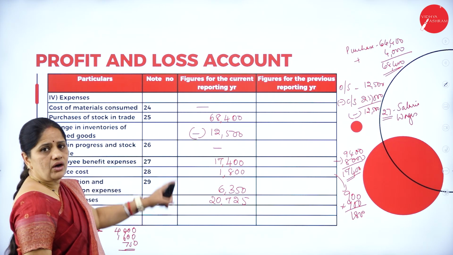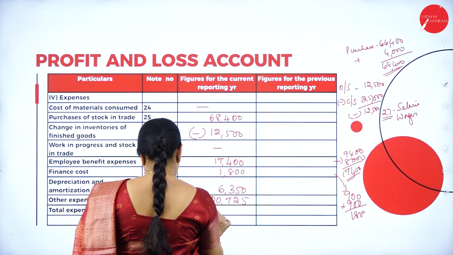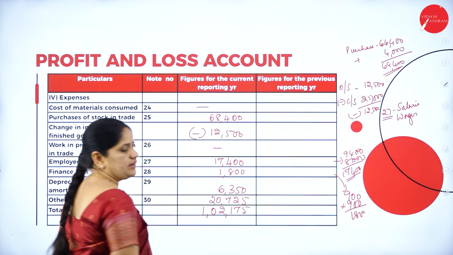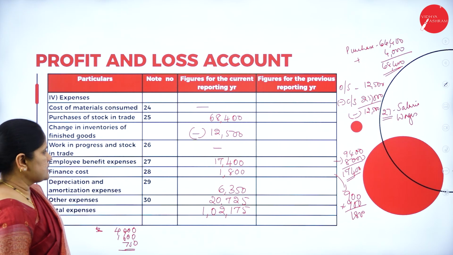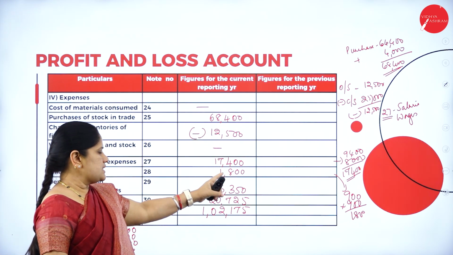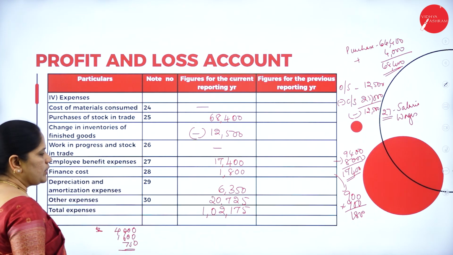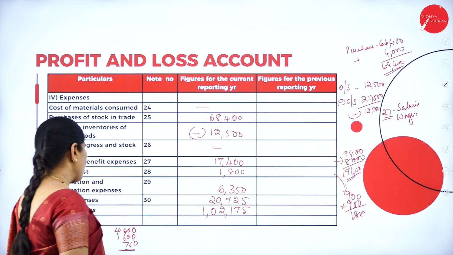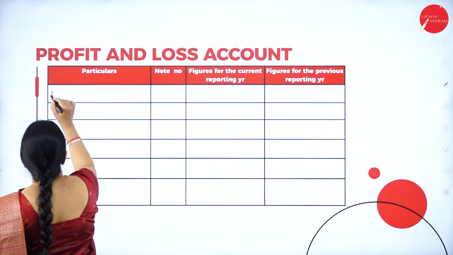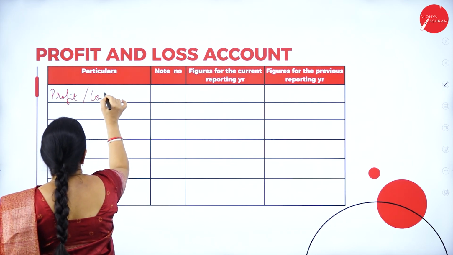So when I add all this, I get the amount as 1,02,175. The total expenses, so 68,400 minus 12,500 plus 17,400. So when I add all this, I get the amount as 1,02,175. Then next will be profit or loss.